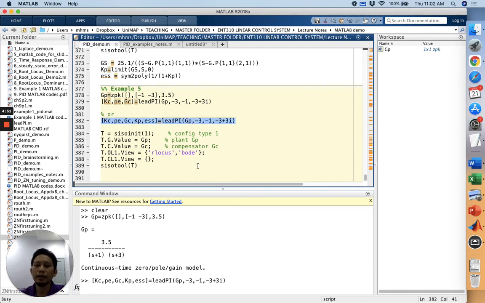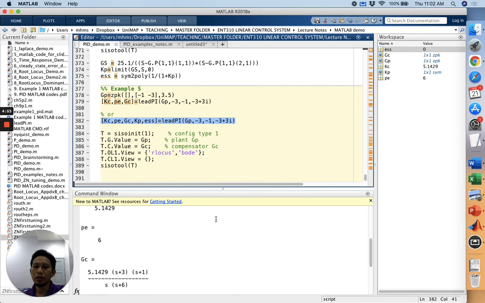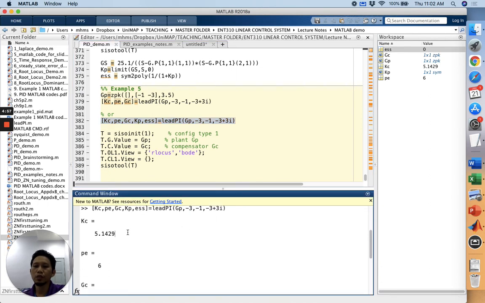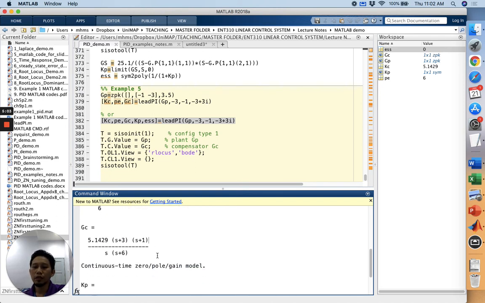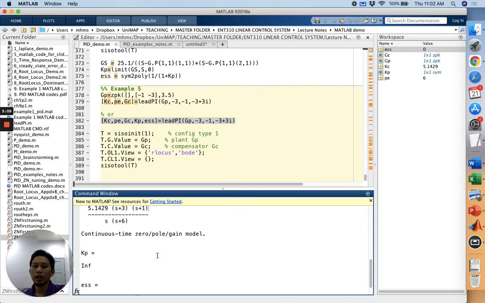What I get is Kc equals 5.14, pe equals 6, and Gc, which is the controller, exactly as we found in the lecture notes. Kp equals infinity, thus we have the steady state error equals 0.